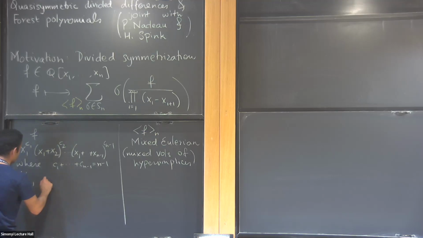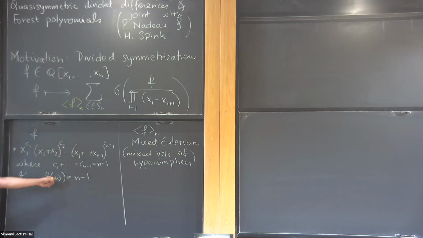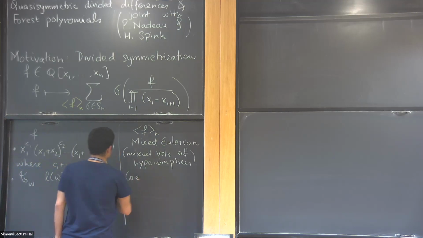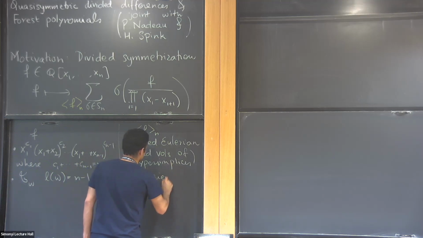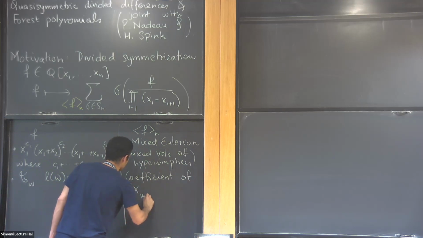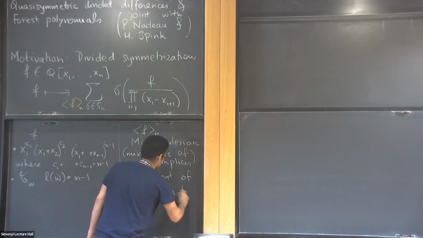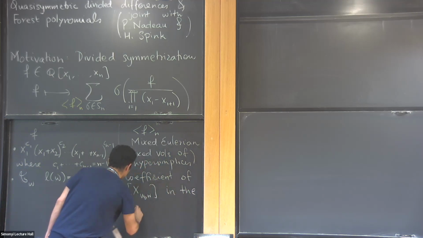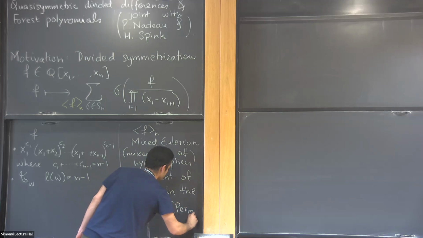So if I take the Schubert polynomial where w has n-1 as the number of inversions, then this is a coefficient of, say, this class inside the class of the permutahedral toric variety.